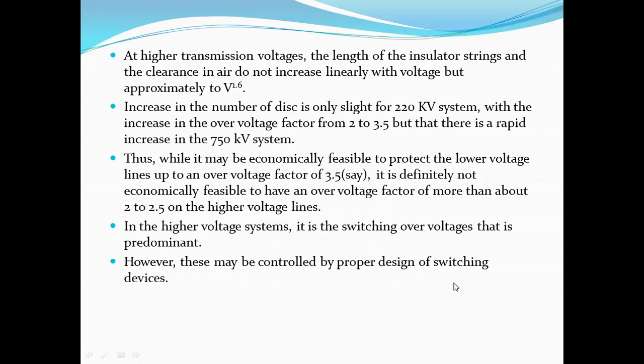While it may be economically feasible to protect the lines up to an over voltage factor of 3.5, for the higher voltage systems it is not economical and also not feasible, because in the higher voltage systems it is switching over voltages that are predominant.